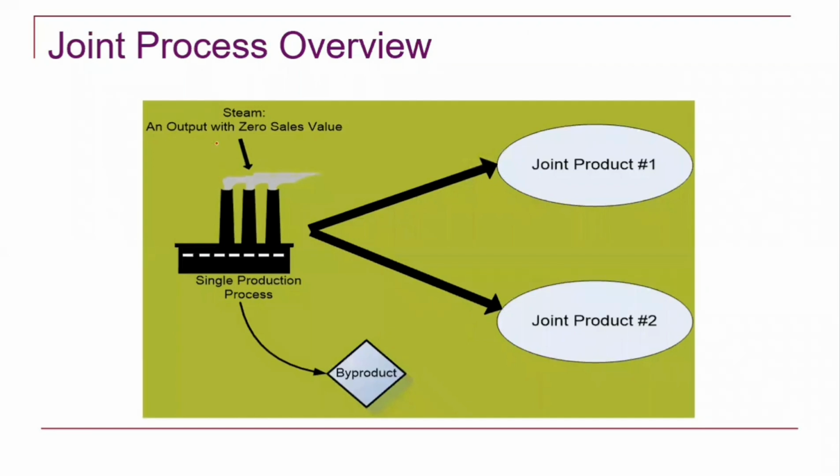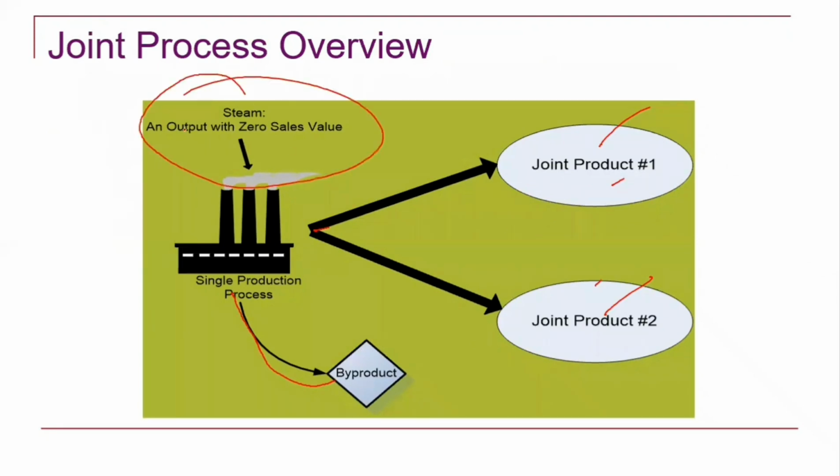So, we have here steam and then the single production process. So, mag-i-split joint product 1, joint product 2. Oops, makikita mo nandito lang yung byproduct. So, hindi siya kasama sa mga primary or major products natin. Alright.